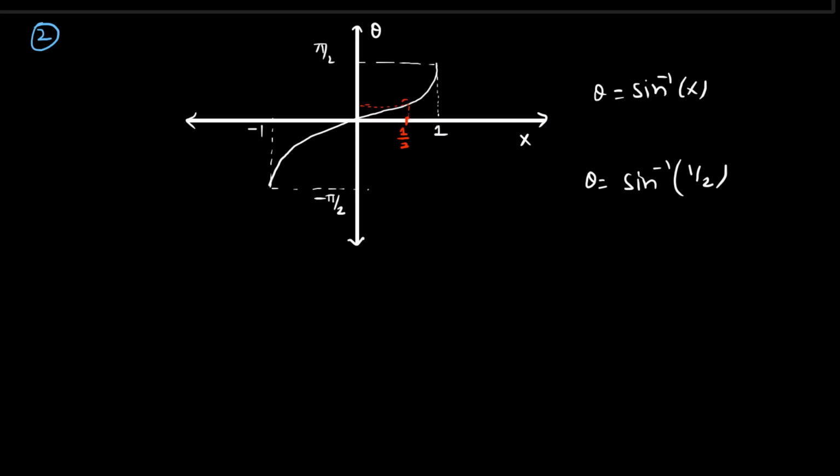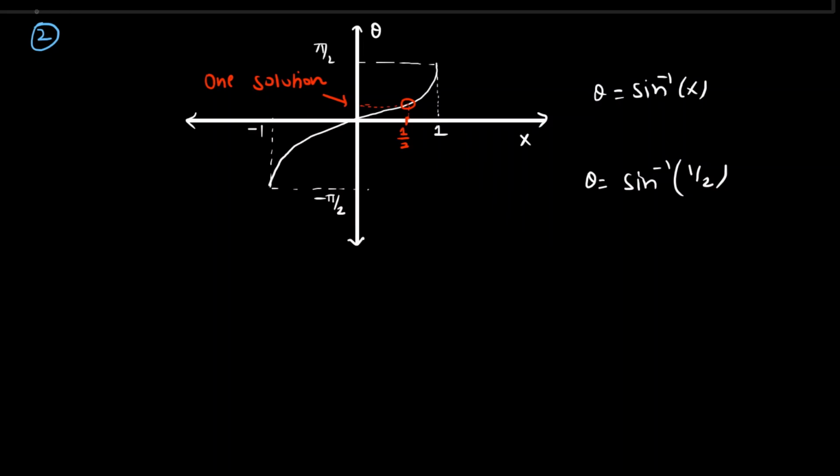There are not infinite solutions. It only has this one solution for this inverse trigonometric function, right? And that is a very big difference between the trigonometric function and when the same thing is manipulated and written in the inverse trigonometric form.